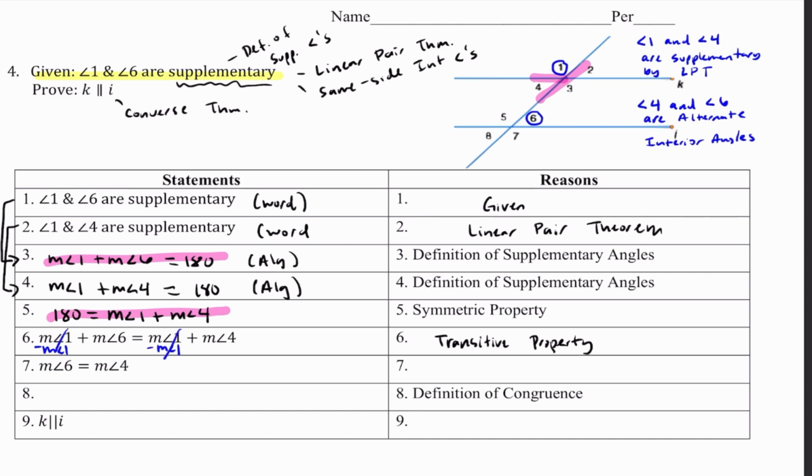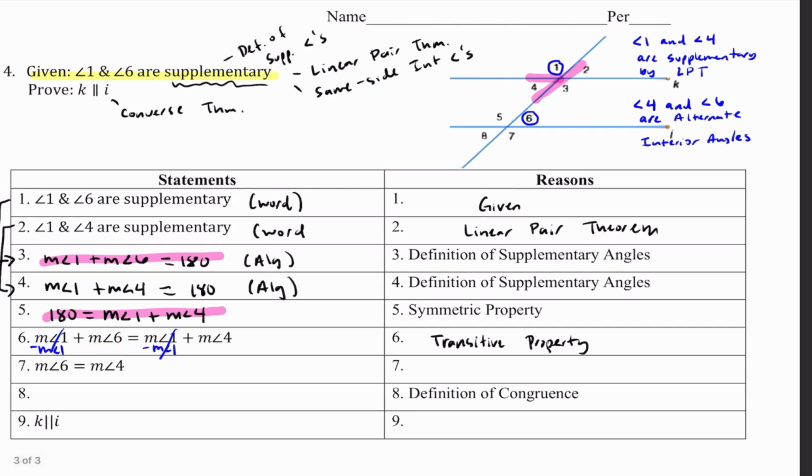So this will go away, and that'll go away, and therefore I get the measure of angle 6 is equal to the measure of angle 4. So the seventh reason should be subtraction property of equality.